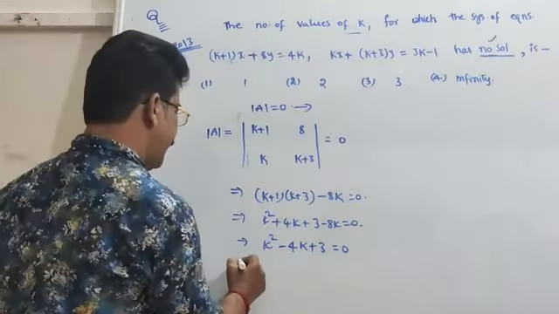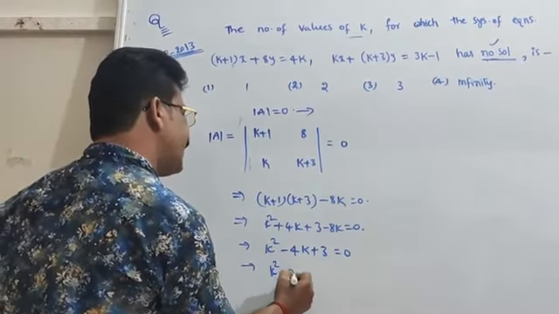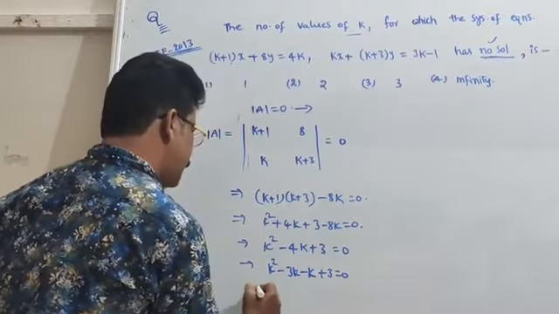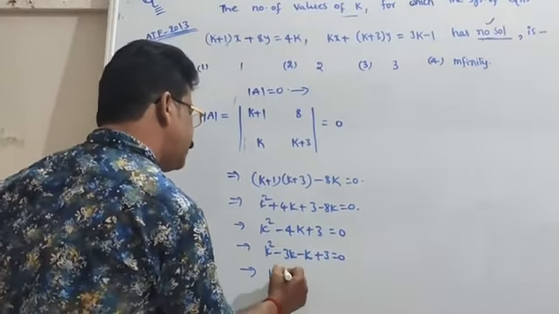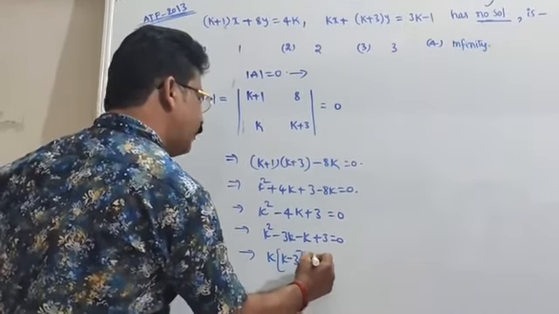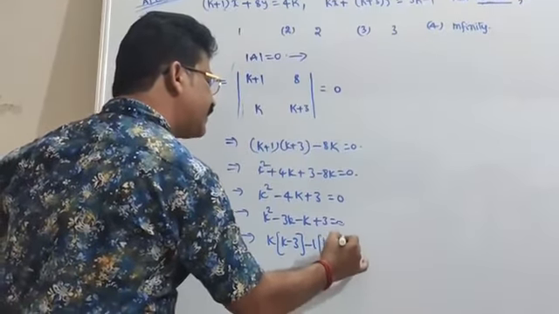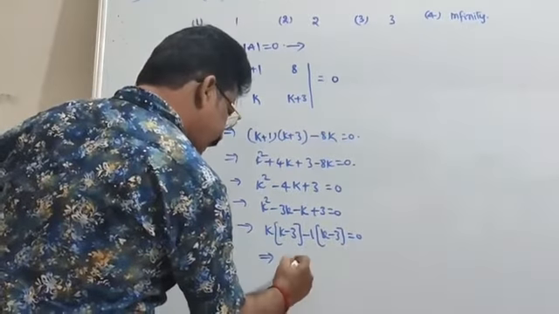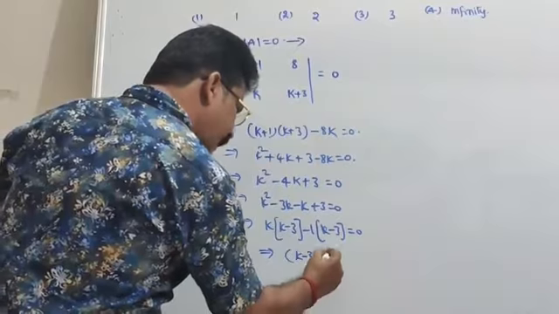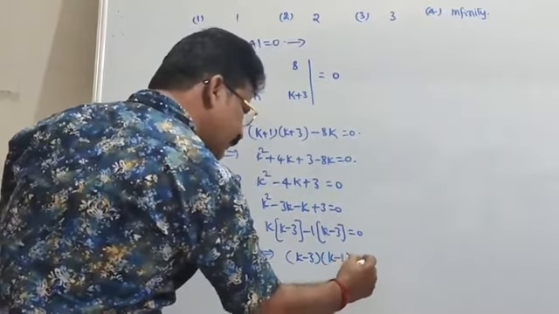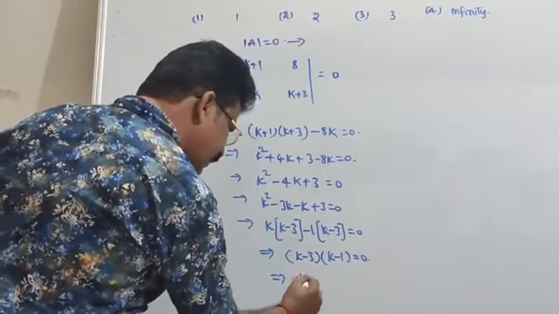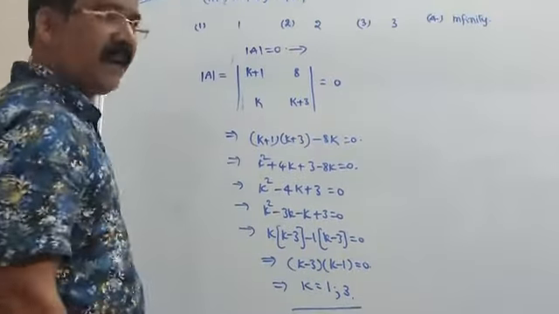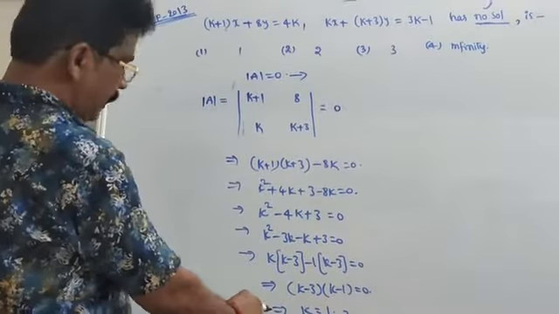By factorization, it is k square minus 3k minus k plus 3 equal to 0. That implies k into (k minus 3) minus 1 into (k minus 3) equal to 0, so (k minus 3) into (k minus 1) equal to 0. So k is equal to either 1 or 3. We have two values, either 1 or 3.